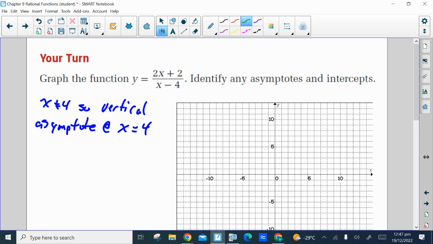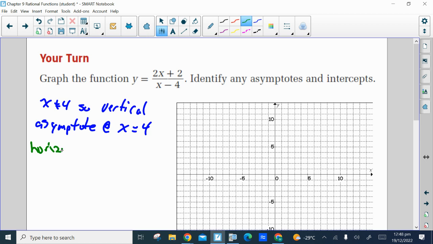And now we can see, or we just saw, that we can get the horizontal asymptote. As long as the degree of the top and bottom are the same, and they are, they're both x to the 1s, the horizontal asymptote can be found by dividing the coefficient of the x terms.